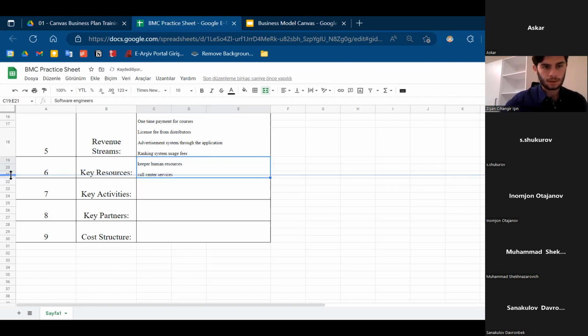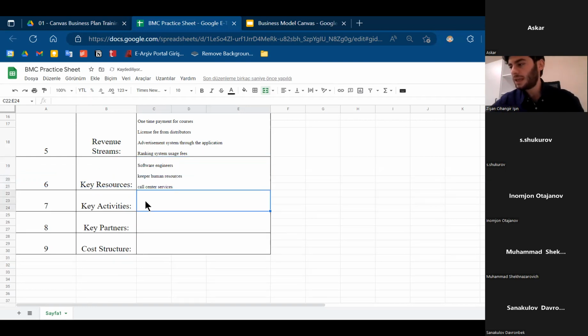Okay. What about the key activities? Like, what are the most important things your company must do to make it work? For example, you need to create this software and keep it working, right? So that people can use it. Support. So we have to support them.